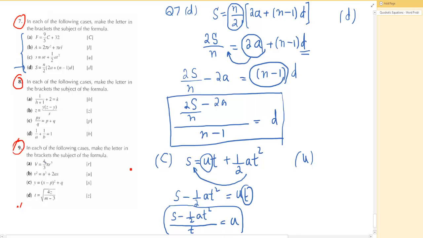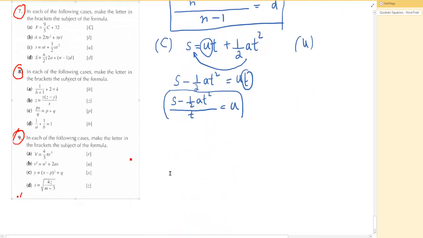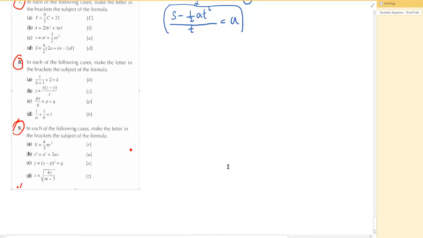So I have done these questions. Let me do this B part now. Have you noted down, beta? Yes, sir. Okay, ji, B part. Here A is the subject of the formula.